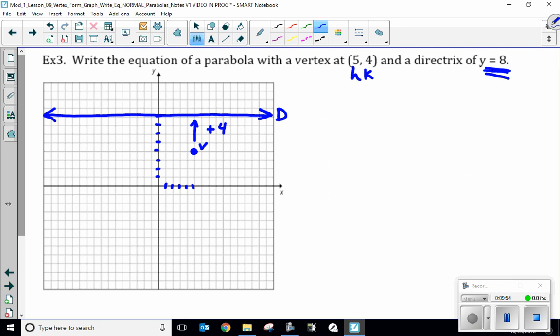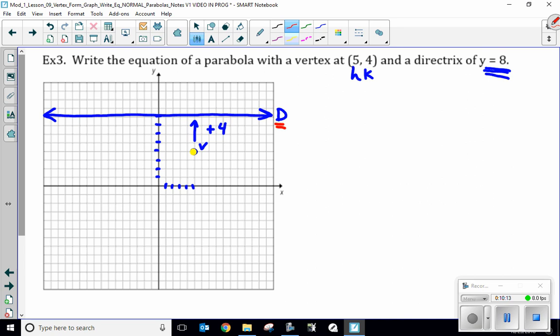I said that earlier in the first part of this lesson, but let me say it again. My vertex is always exactly in between my directrix and my focus.